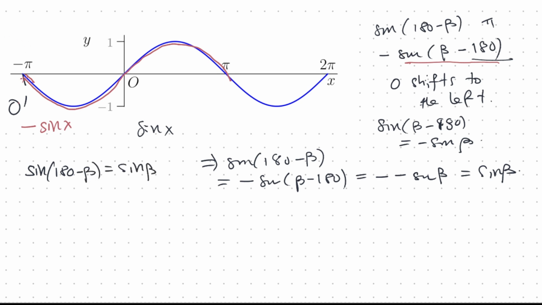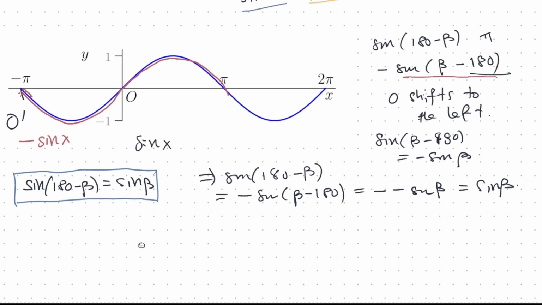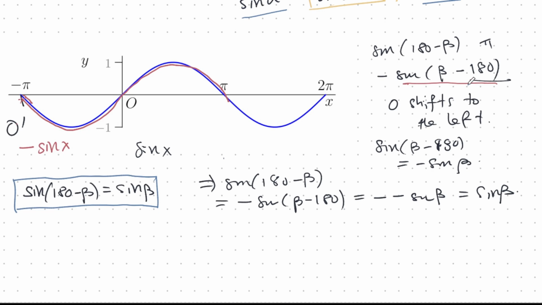Actually, maybe you already know this. Anybody who knows trigonometry kind of knows these relationships, but it's good to be able to prove it yourself, and this is how you do it. Just change it into this form.